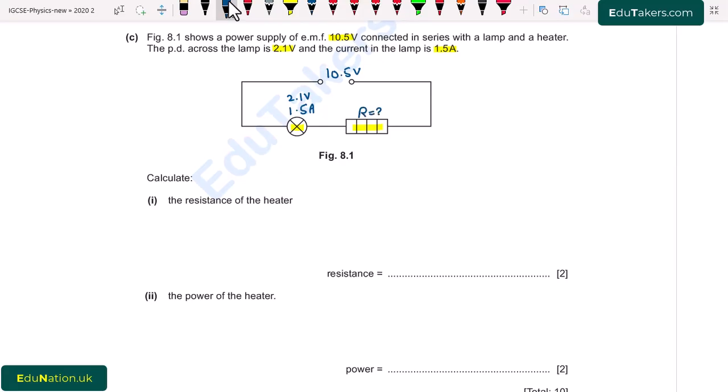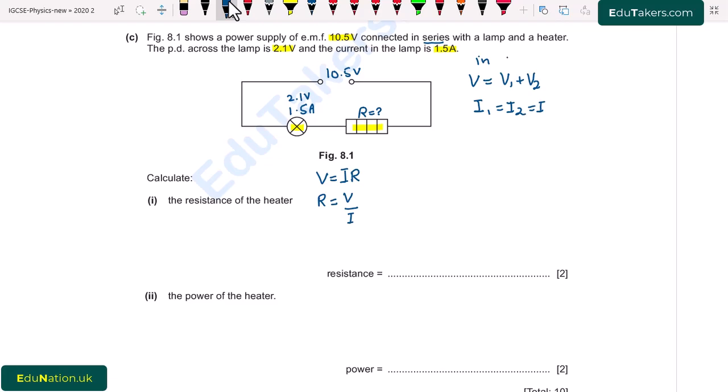Now calculate part 1, the resistance of the heater. We have to calculate the resistance of this heater. By using Ohm's law, we know that V is equal to IR. In order to calculate the resistance, we have to know the value of potential difference and current. And in the question it is given that this is a series circuit. It means that in the series circuit the potential difference changes, but current remains the same.